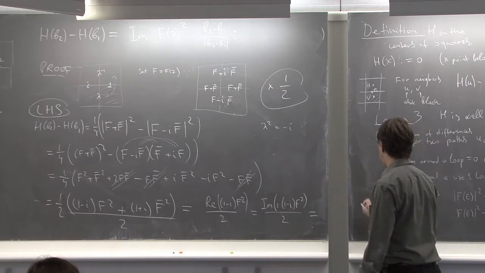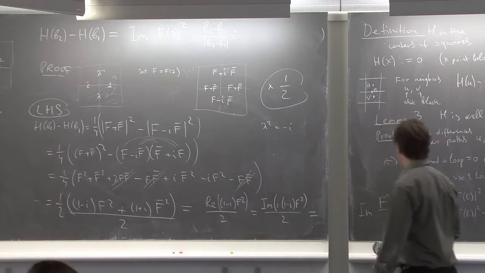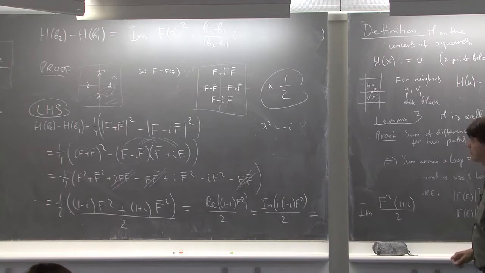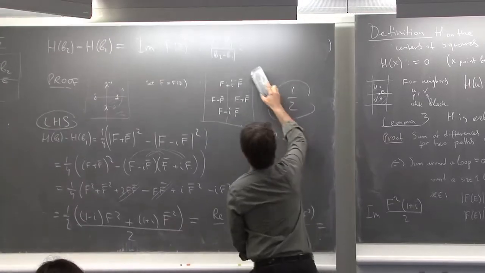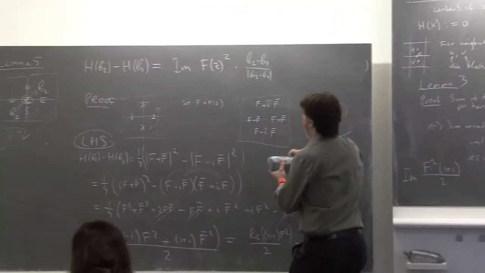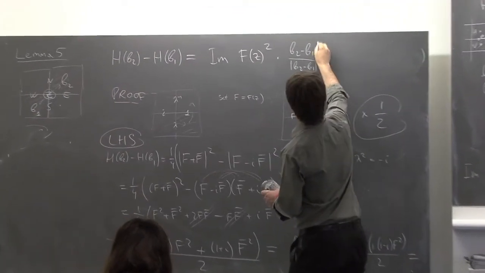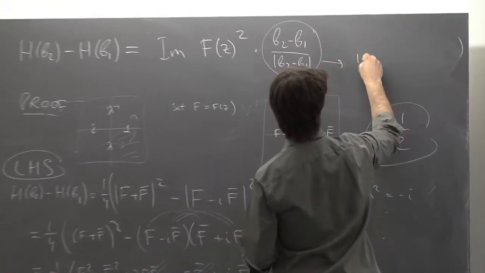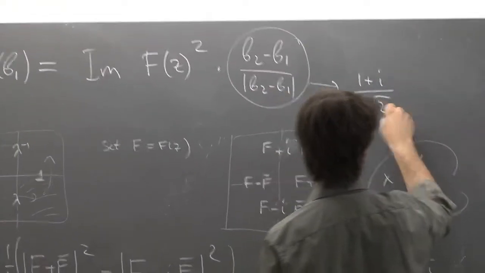And yeah, that's exactly what we have there. So in our case, this is 1 plus I divided by square root of 2.